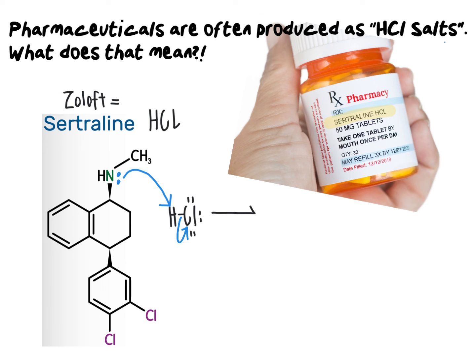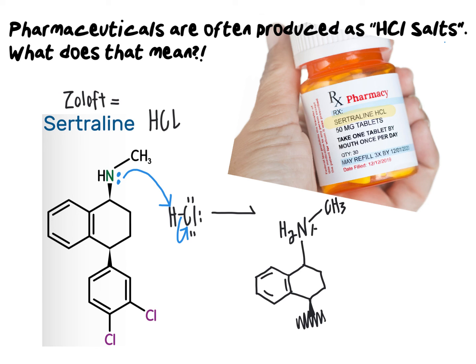That forces the HCl bond to break like so, and the product of that will then have our nitrogen now having two hydrogen atoms. It will still have that methyl group bonded, and it will still have the ring structure here, the aromatic ring next door to that, and then the other ring down here that I'm just going to abbreviate with a squiggly line there because I'm approximately running out of space.